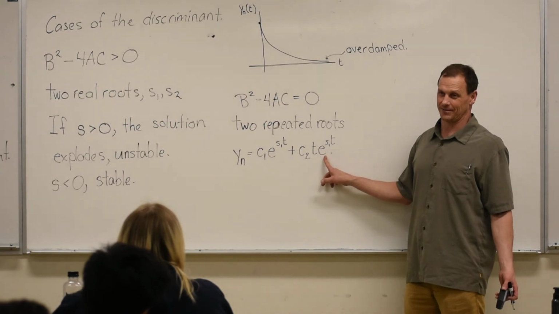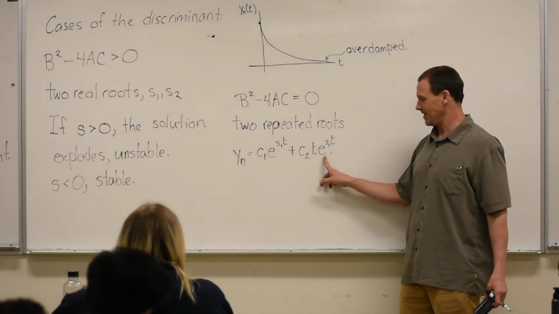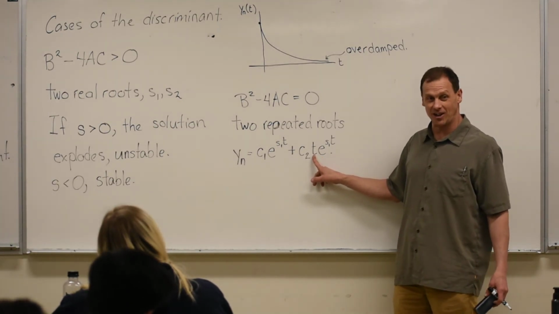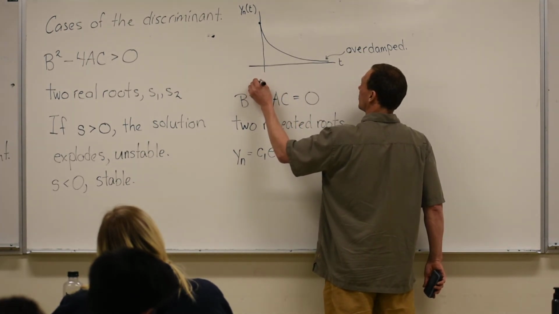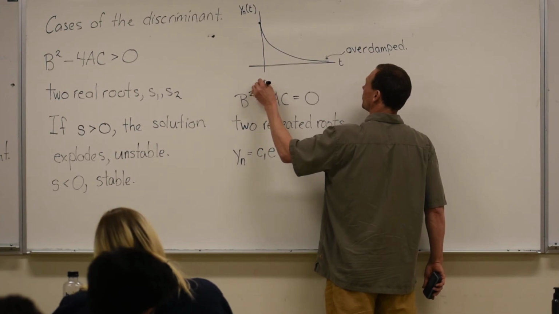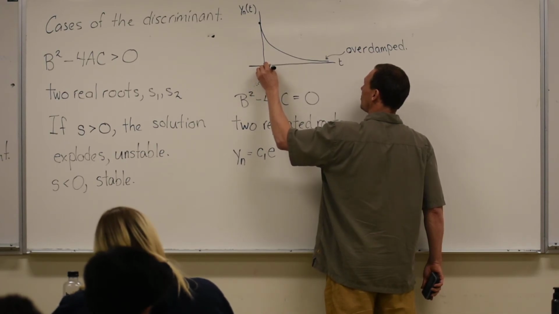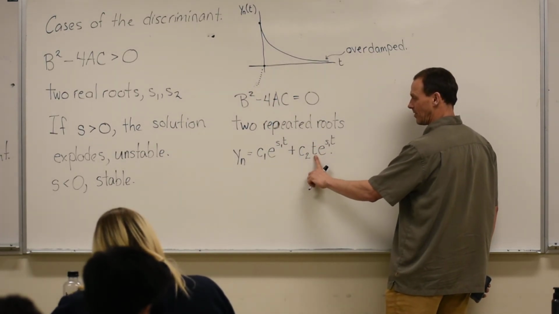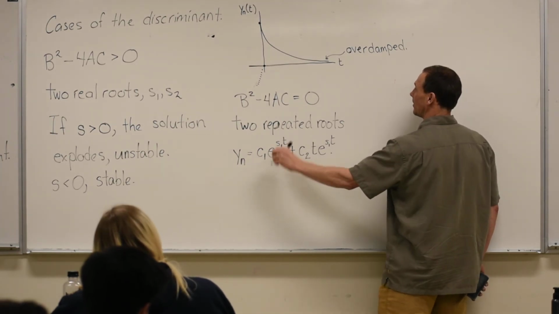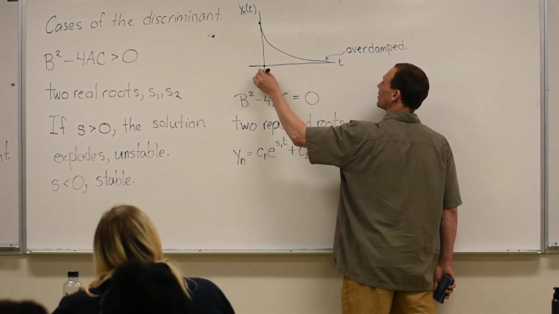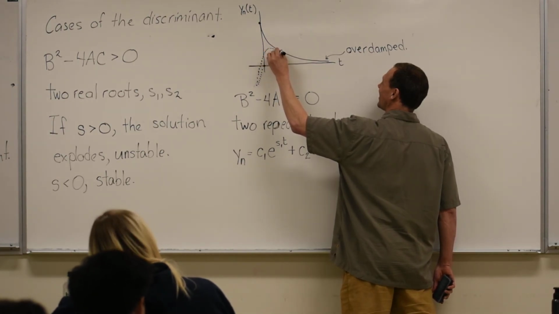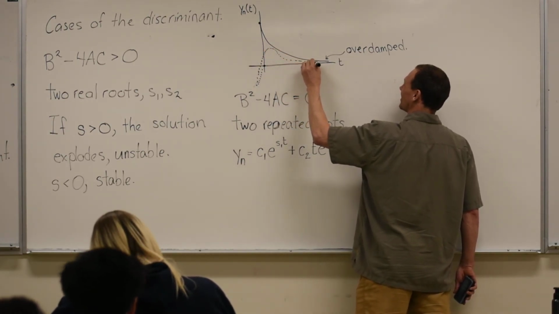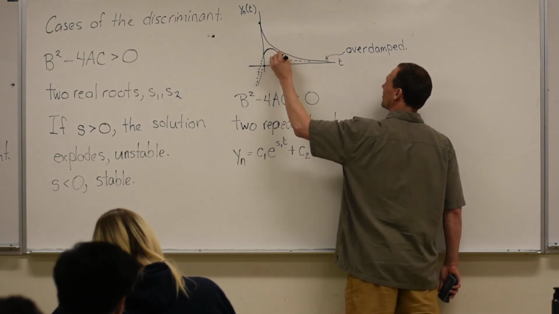And who's going to win? e to the S1 t is going to win, but t challenges it just long enough that the solution comes up, passes through 0, comes up here, tries to get away, and then comes racing back out this way.